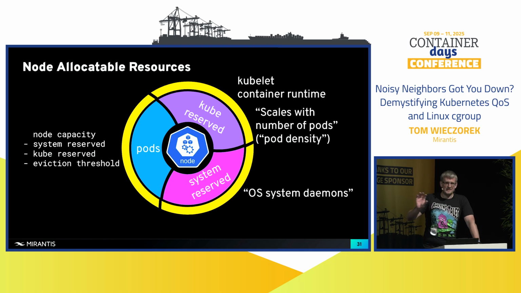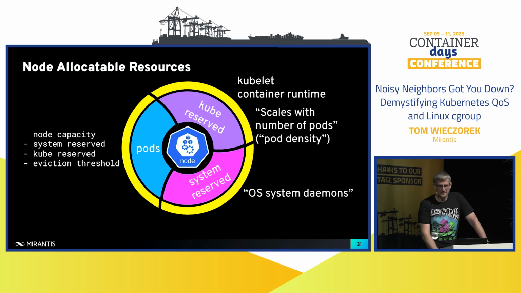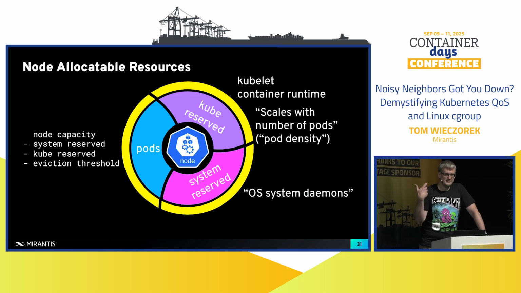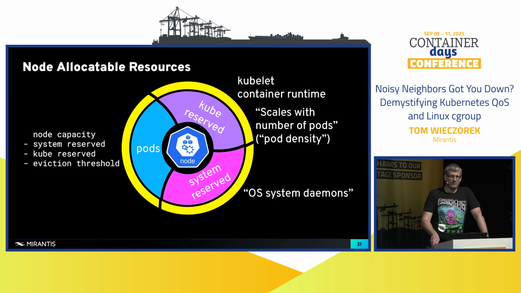and kube reserved is for things that scale with the number of pods, right? Usually that's the kubelet and the container runtime. And the node capacity, or the actual allocatable resources, are deduced from those settings.